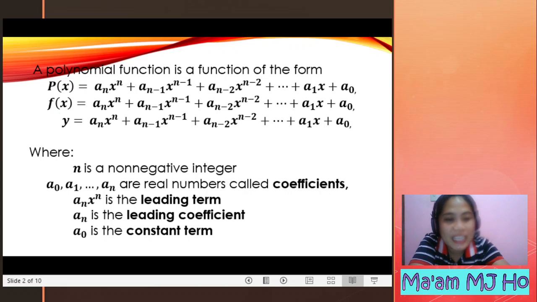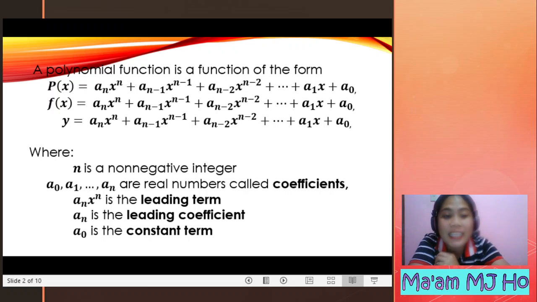Sometimes in our given example, you will be encountering f of x and y instead of p of x, but they are just the same because they are just referring to a certain polynomial function. So where n is a non-negative integer, so when we say non-negative integer, we are referring to positive numbers. So take note, n should not be negative, okay?